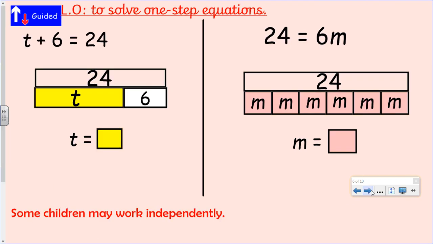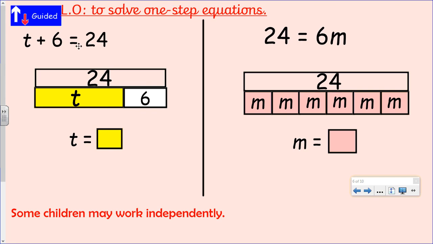Okay, this is the last bit before intelligent practice. So we've got a couple of bar models now. So we've got T add 6 is equal to 24. You need to try and work out what T is. So we're solving a one-step equation.